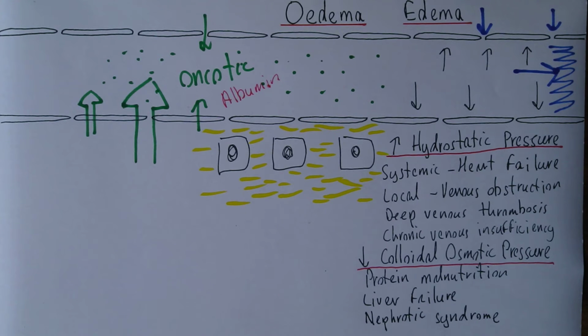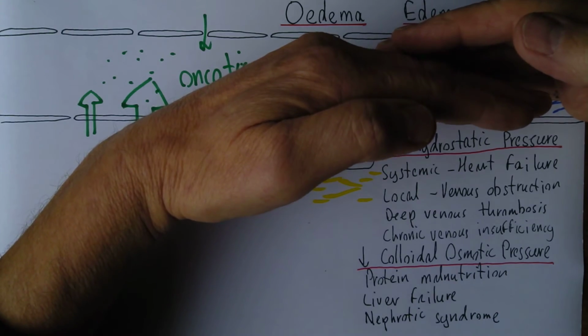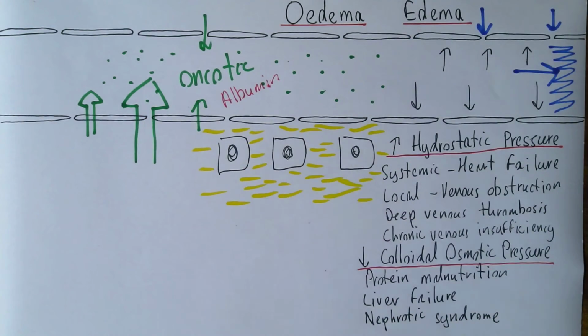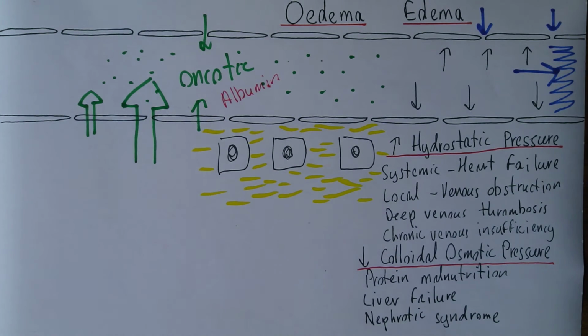There'll be a proteinuria because the proteins are leaking out of the kidneys, normally due to problems with the glomeruli. So we can have the increased hydrostatic pressure keeping the fluid out, stopping it being reabsorbed, or we can have the decreased colloidal osmotic pressure, reducing the suction effect back in.